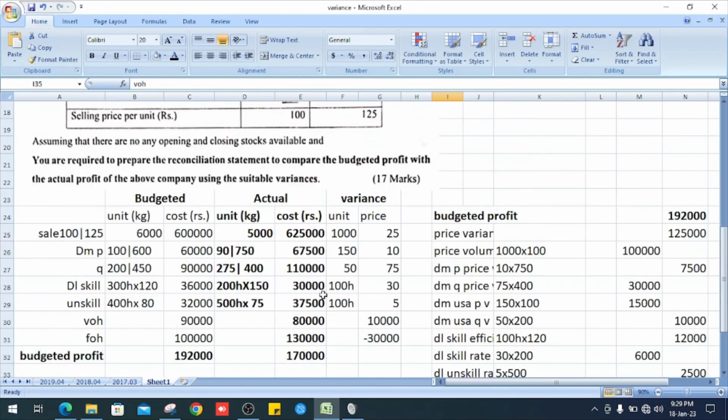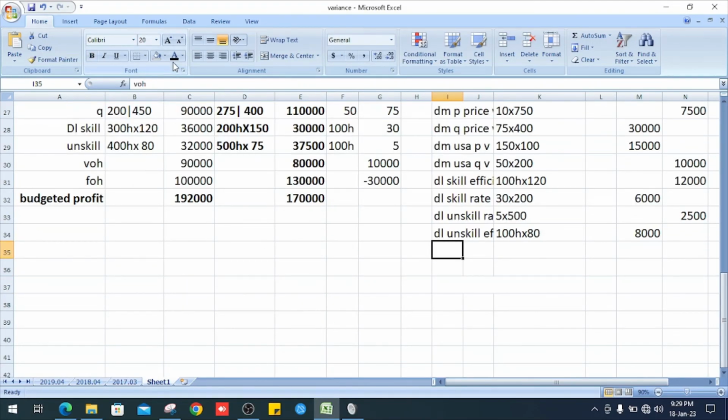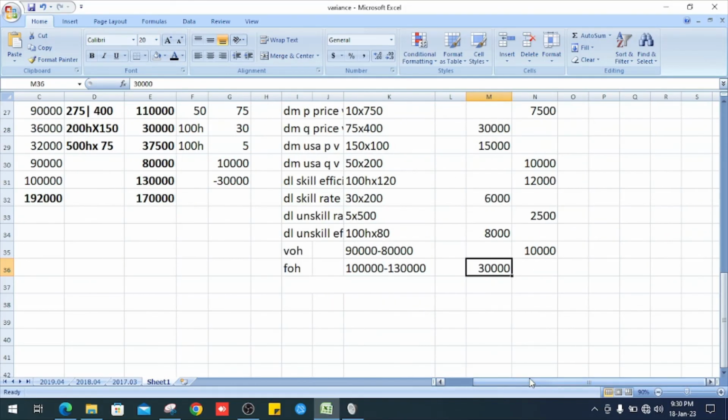Likewise, the variable overhead variance is 10,000. And finally, fixed overhead, 100,000 minus 130,000, is 30,000.